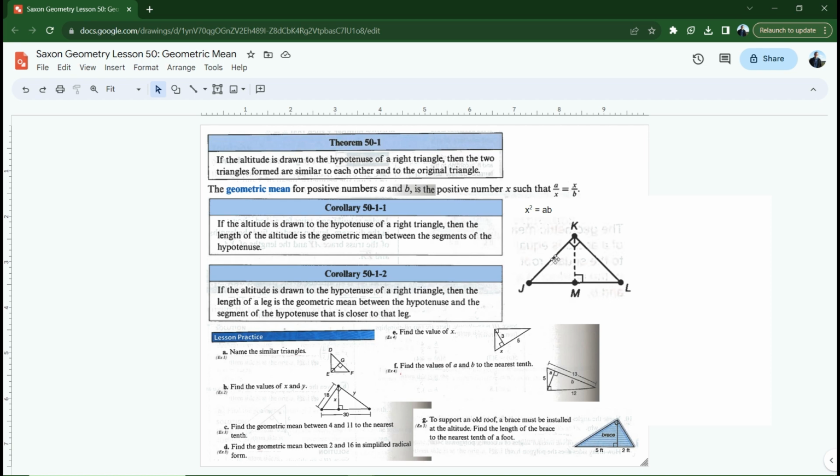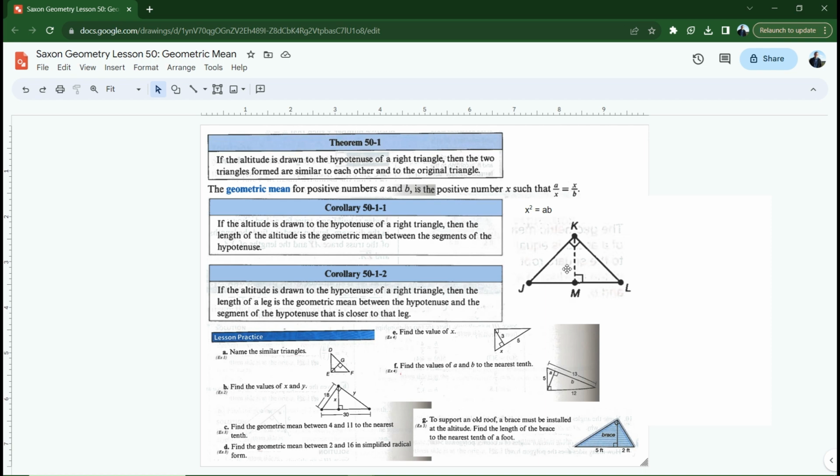So JK would be the geometric mean of what? Of the hypotenuse, that's JL, and the segment of the hypotenuse that is closer to that leg. In this case, if I chose JK as my leg, JM is the segment close to the leg. So I can compare JL and JM.